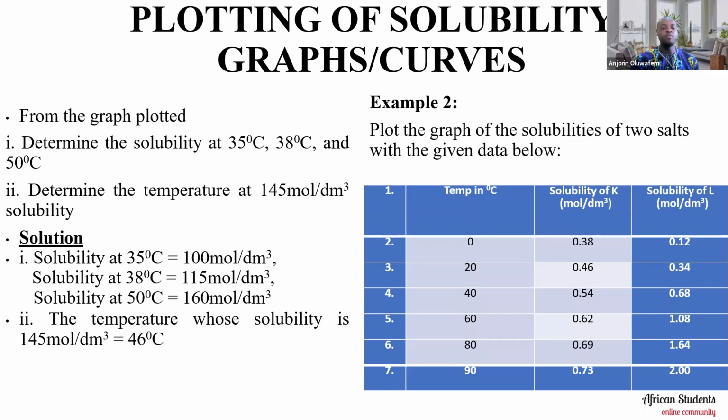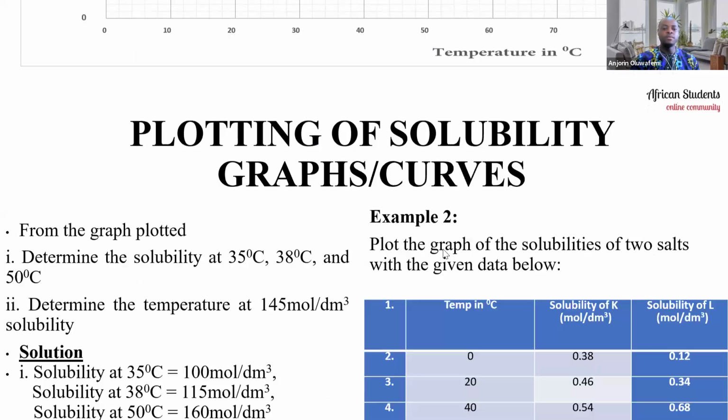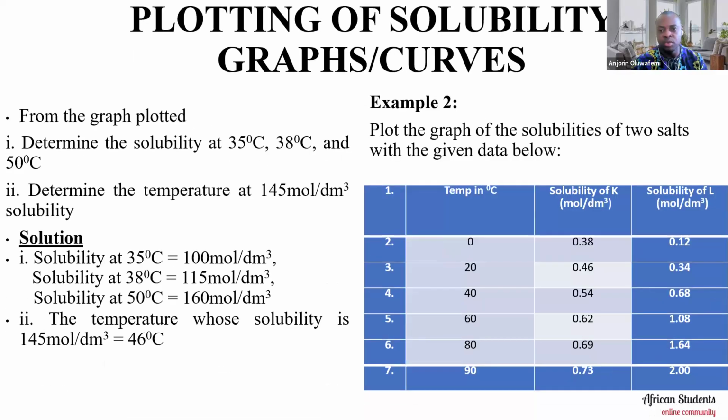At 145 mole per dm cube, the temperature should be about 46 degrees Celsius. If you trace it down, you can see what the temperature would look like. So that is how we plot a solubility curve.